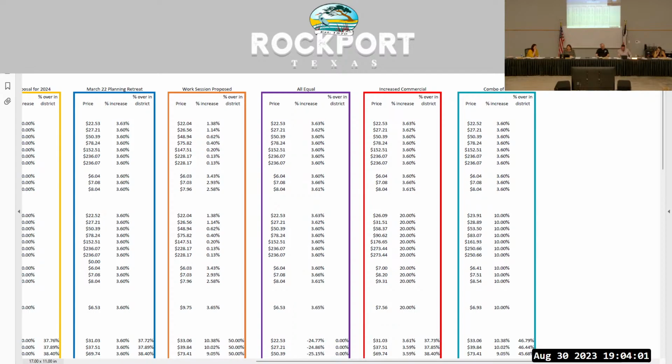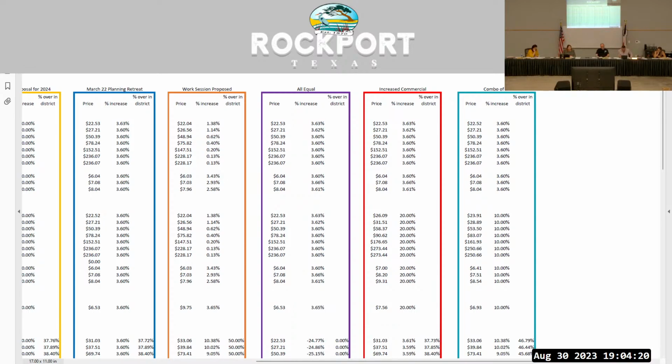The combo of all increases the inside city users from what was originally proposed. It significantly increases commercial from what we proposed, and it reduces the out-of-city burden that was originally proposed.